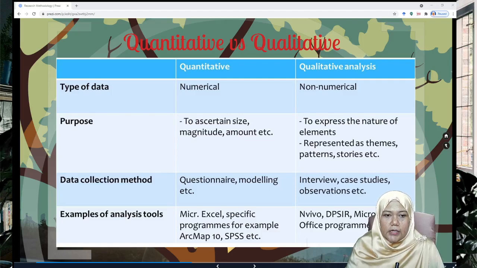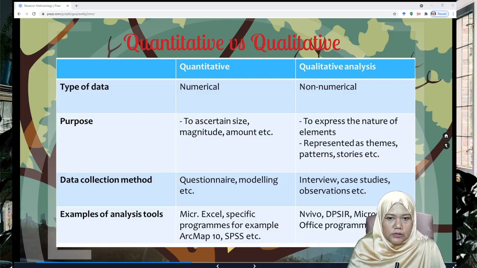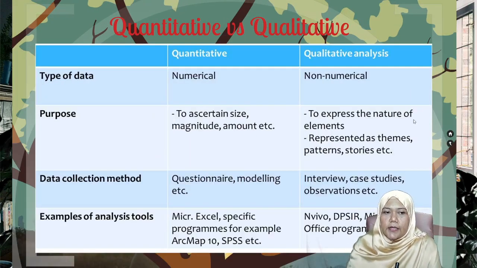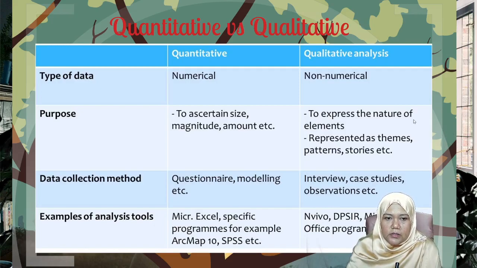So when we're talking about quantitative and qualitative data, what I meant is, quantitative data, the type of data that we usually deal with is numerical data. Whatever numbers we deal with, whatever things we can quantify, is considered quantitative data.